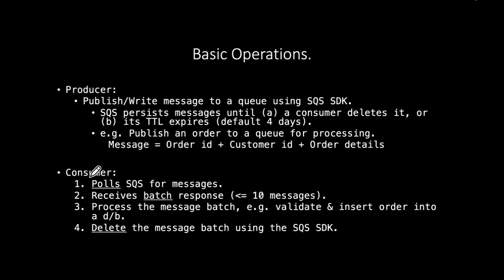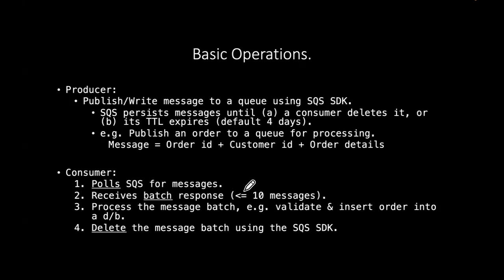So go back to here. It polls SQS for messages. It receives a batch of messages as a response. The batching here is important. From a consumer's point of view, you must always treat the response that you get back from SQS as a batch of messages, even if the batch only contains one entry. And we'll see that in a while.